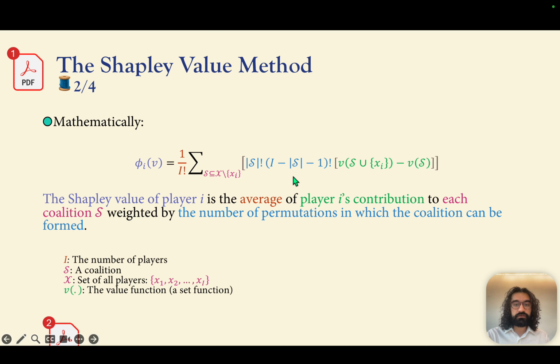Again, we take the factorial of that. When we multiply them, it's like when we add the word flights, before and after it different players could be added in many different orders. That gives us the weight that we assign to the marginal contribution of the word flights to that coalition.